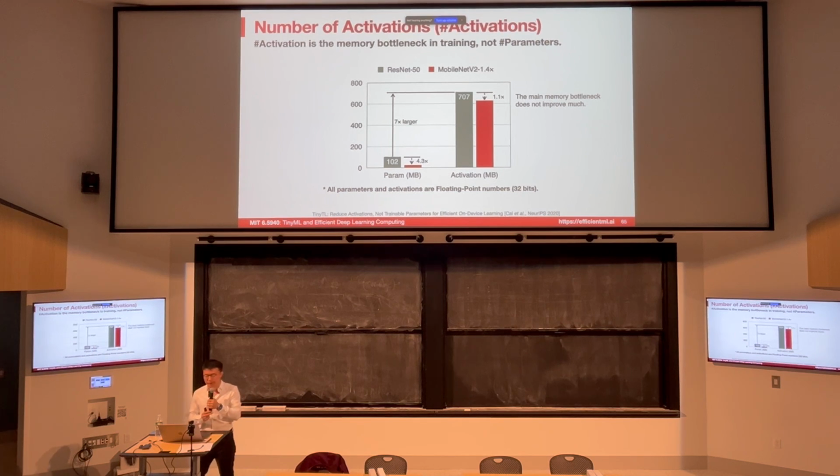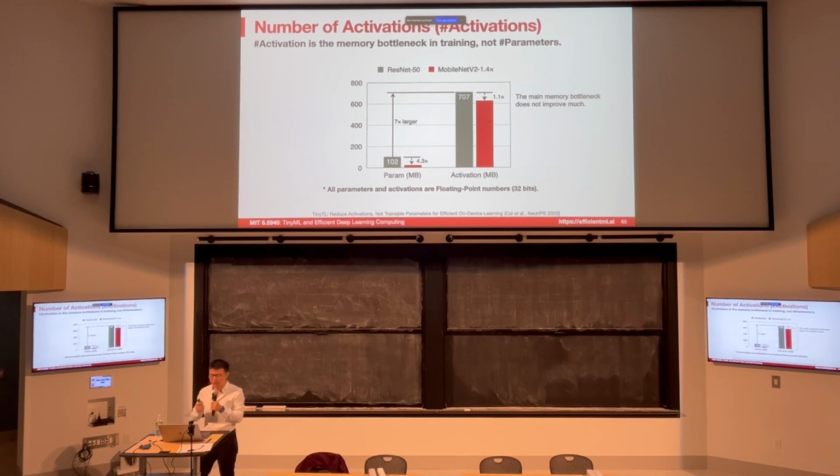Activation is also becoming the memory bottleneck in training. In CNNs, that is. For large language models, the number of parameters is also the bottleneck. That's why people later proposed model parallelism to do the sharding of the weights.